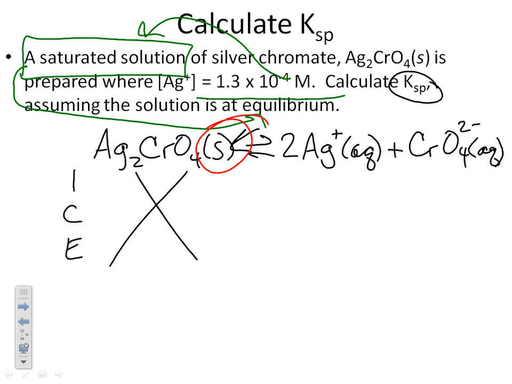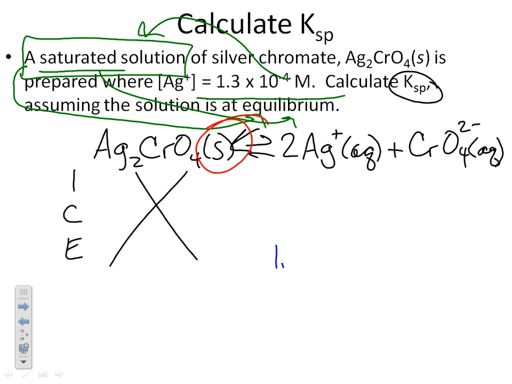A saturated solution was prepared where the silver ion concentration was this. The fact that they use that word saturated means equilibrium. So that number right there, the 1.3 times 10 to the minus fourth, is not the initial concentration of the silver. That is the equilibrium concentration of the silver.